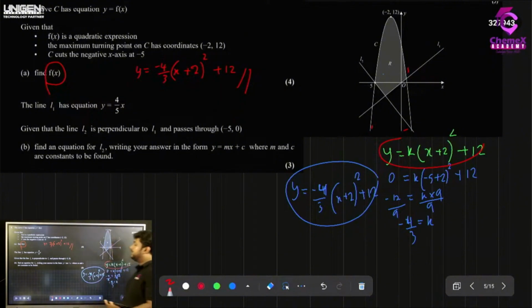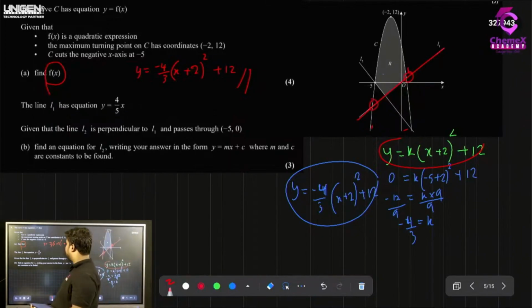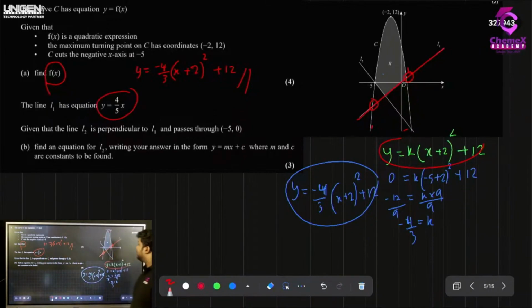Next, L1 has an equation. This is L1. It cuts two places. So L1 has the equation y equals 4 over 5 x. Given that L2 is perpendicular to L1 and passes through minus 5 and 0, find the equation of L2 using y equals mx plus c.